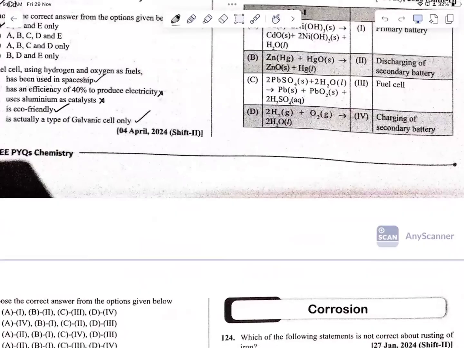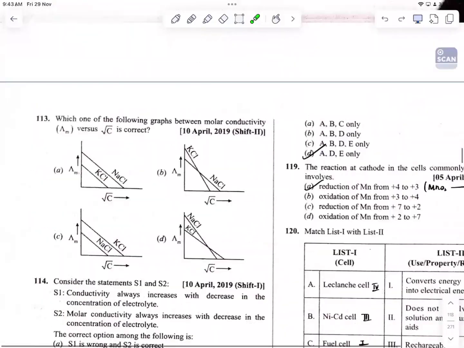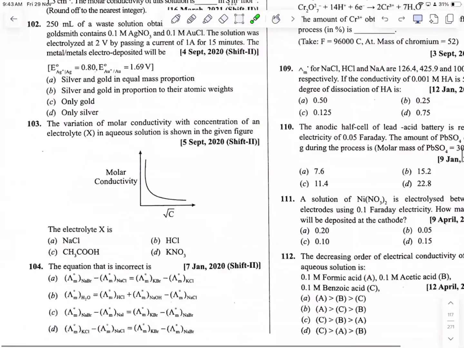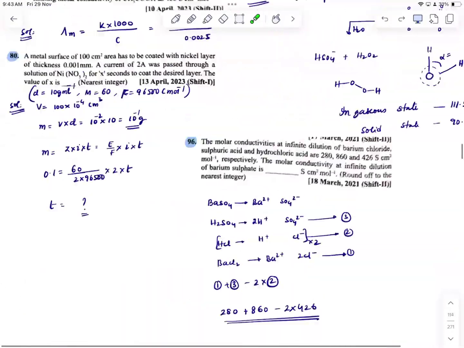But in 2024, a lot of questions were asked. Please check this properly and read it more carefully. For the rest of the types of questions, I want you to go through them once.